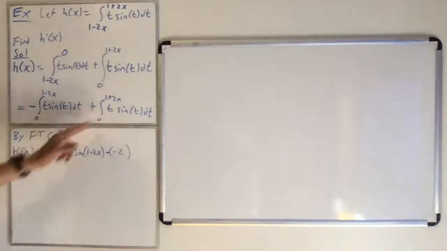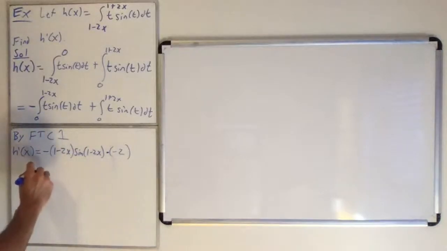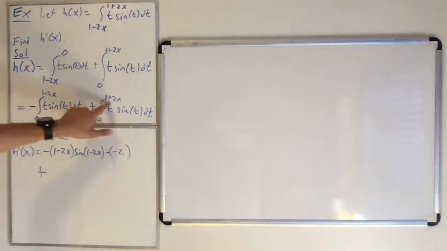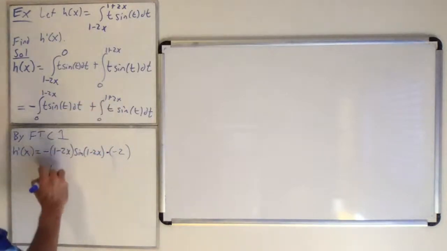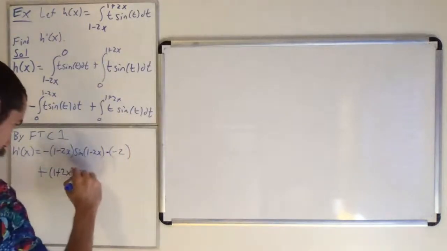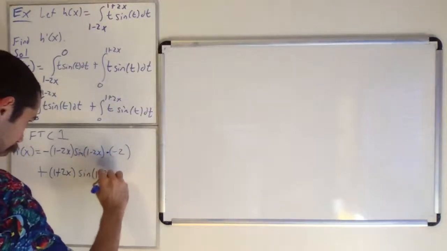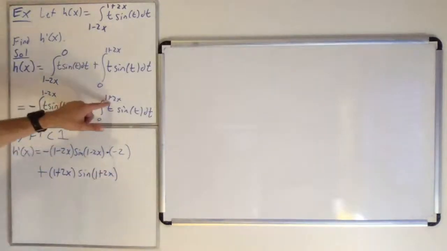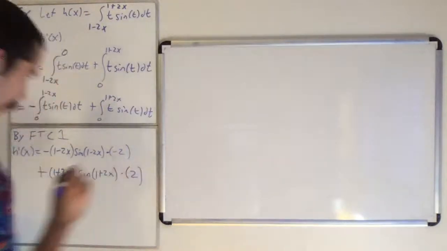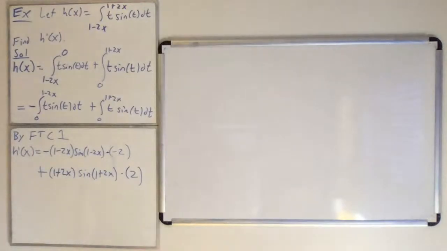I'm out of space, so I'm going to just continue writing down below. And now the same thing here. You replace every t with 1 plus 2x. And then you multiply by the derivative of this function. And so this is the derivative of this integral.